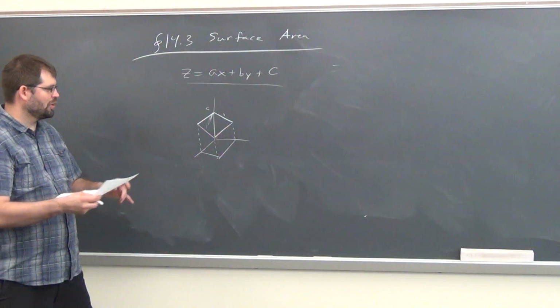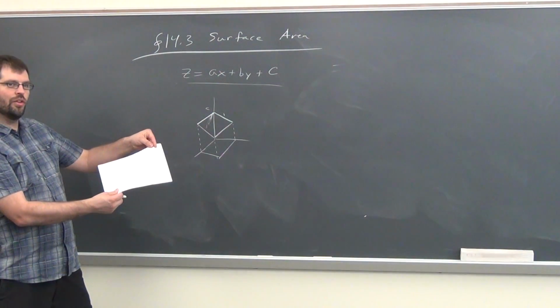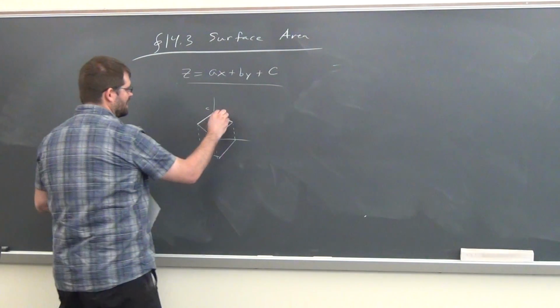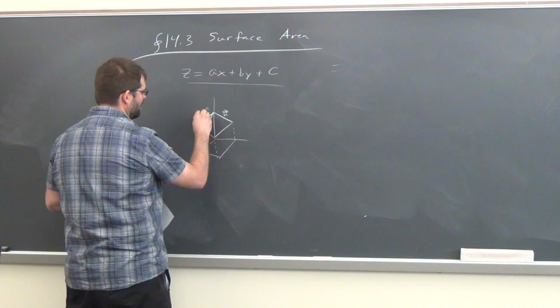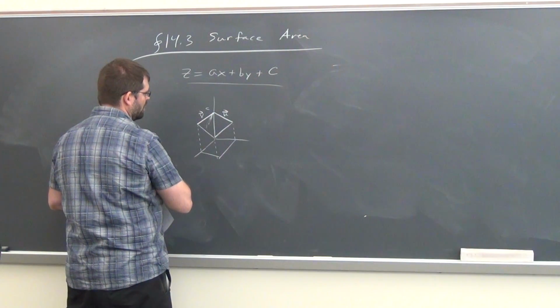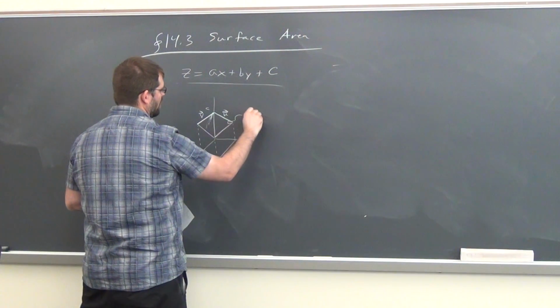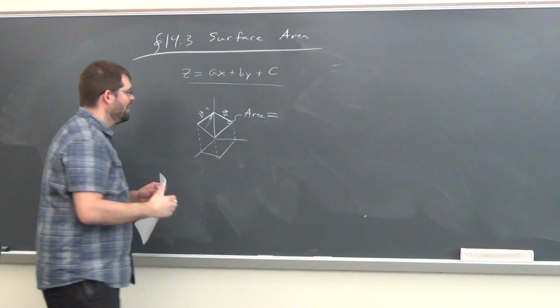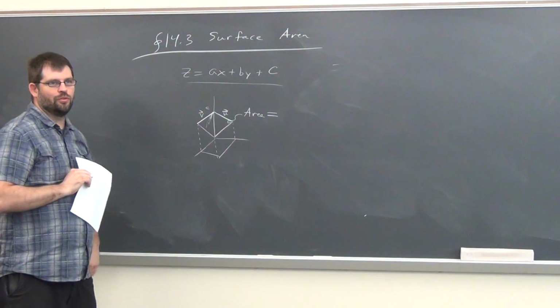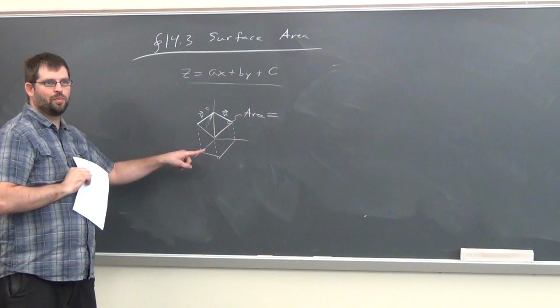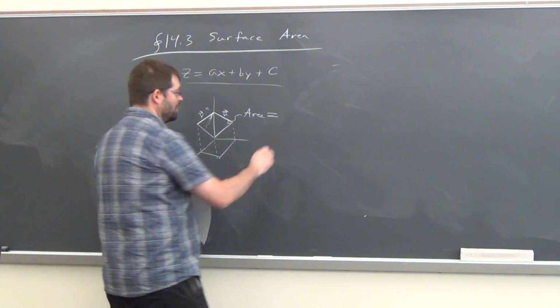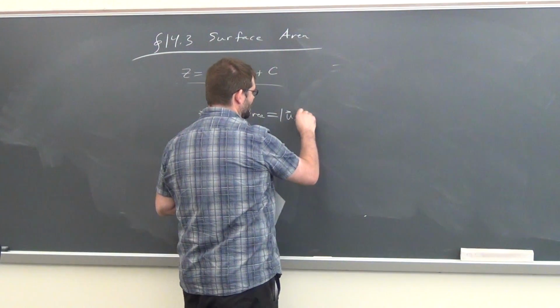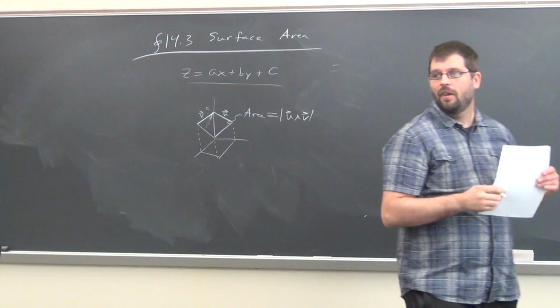It doesn't necessarily correspond to a rectangle because you got this skewed thing up here. But what you should just think is you have vectors here, v and u. What's the area of something if you have two vectors? The parallelogram, it's the magnitude of the cross product of those two guys, right? We just talked about that a few sections ago.